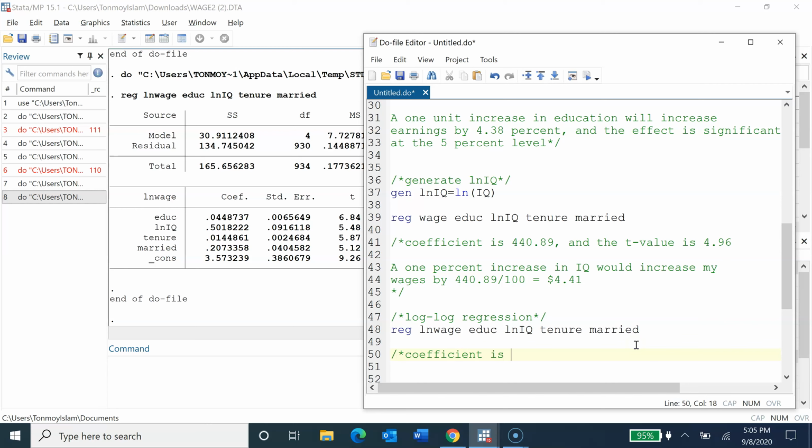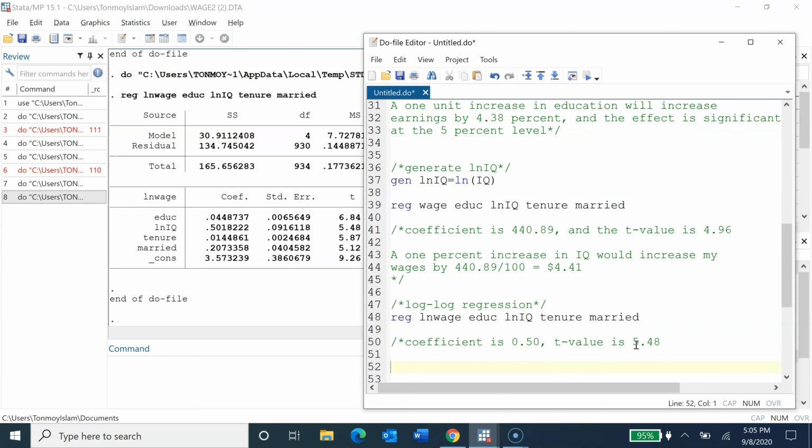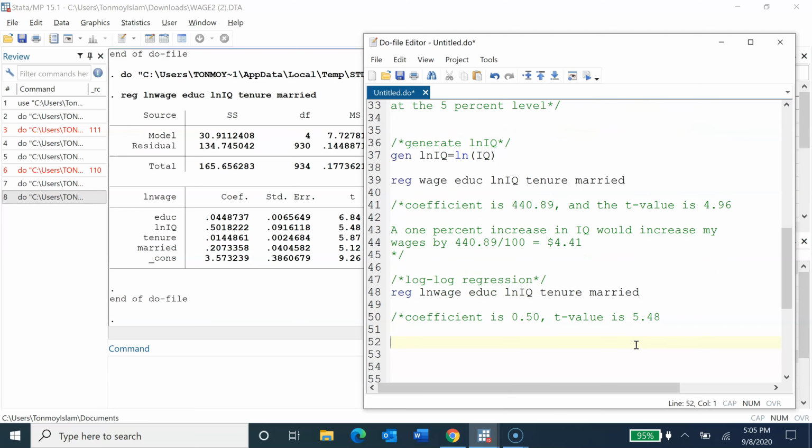Coefficient is 0.50, and the t-value is 5.48. So it's greater than 1.96 in absolute value.